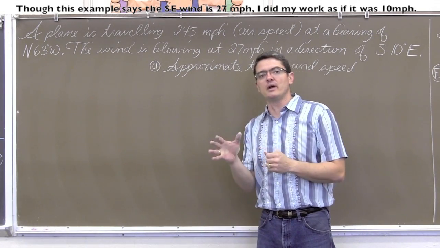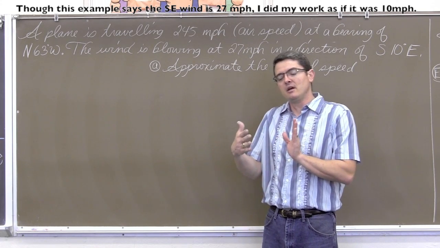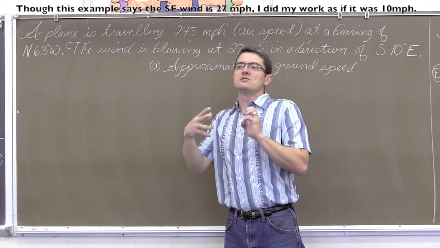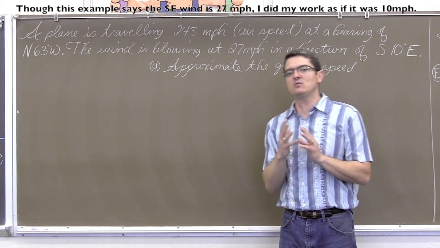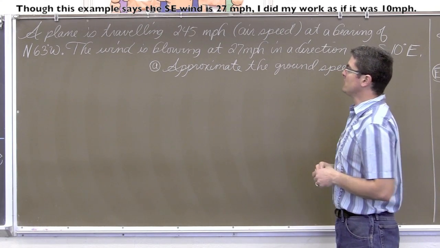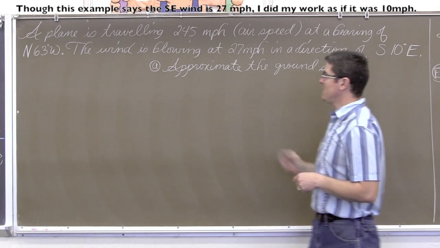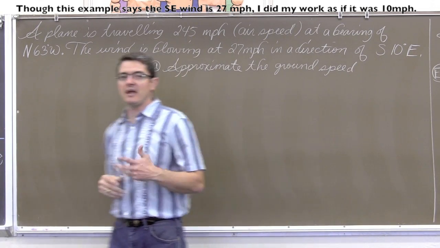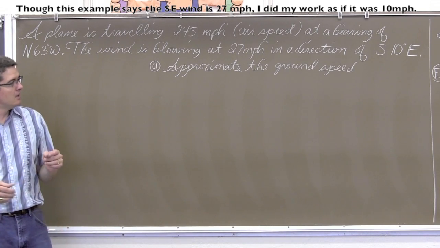Now if you're flying into the wind, your airspeed is going to be faster than your ground speed, because you're flying against the wind. So in relation to that, you're going a certain speed, but that wind is actually slowing you down. Or maybe it's a tailwind and it's speeding you up. The tailwind is blowing at 27 miles per hour in a direction of south, 10 degrees east. Approximate the ground speed, and we're going to also be approximating the direction.